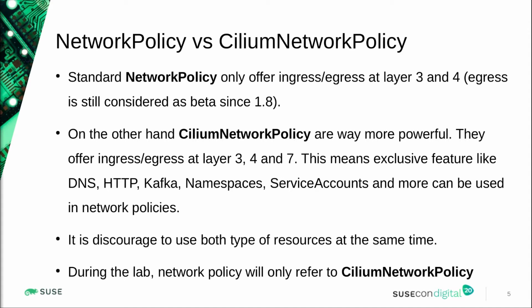You have Kafka, you can filter on Kubernetes namespaces, you can filter on service account. You can say, I'm allowing this pod to talk with me if it's running with this service account, in this namespace. And this is not only that, you can do a lot more. And all of this is because Cilium is using eBPF. So thanks again, eBPF.